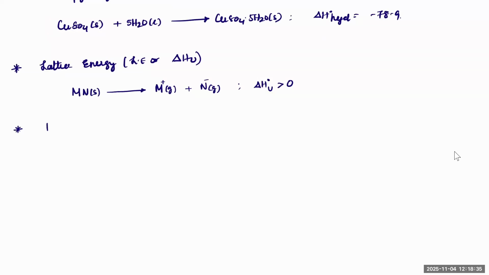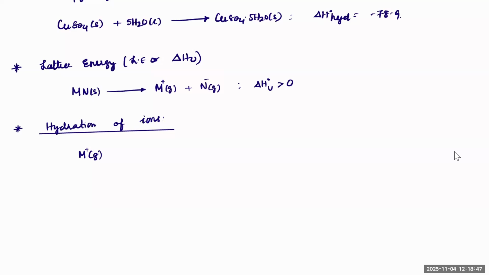Next one is hydration energy of ions, hydration of ions. Earlier ऊपर जो देखा वो था hydration of salts. This is about hydration of ions. So if you have M plus converting into M plus aqueous, or N minus converting into N minus aqueous, then the energy released is called hydration energy, right?